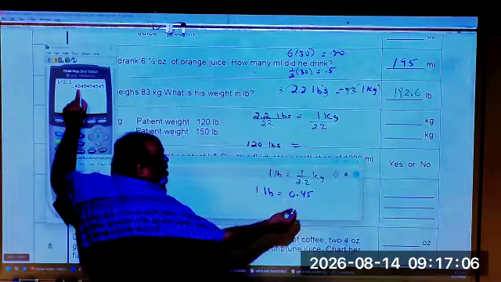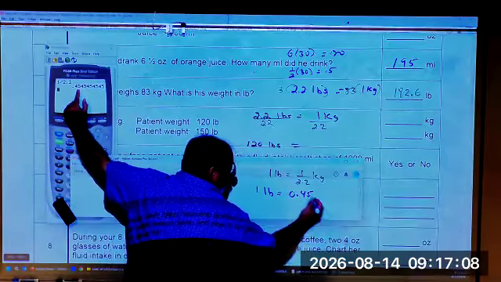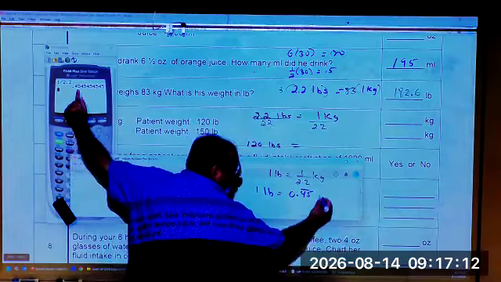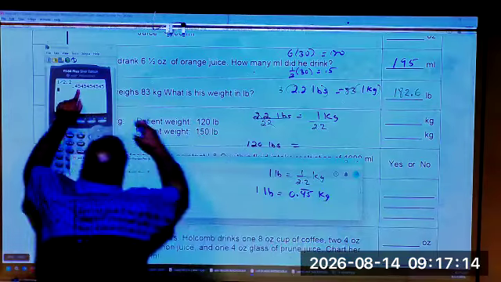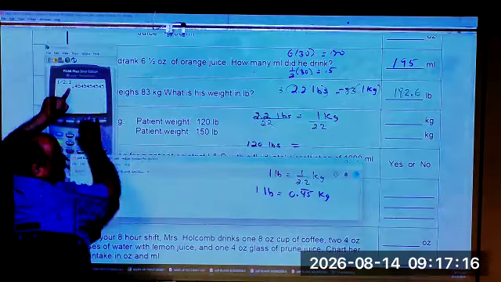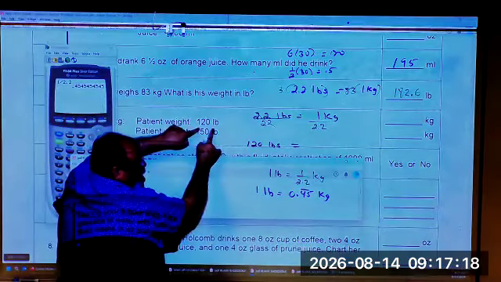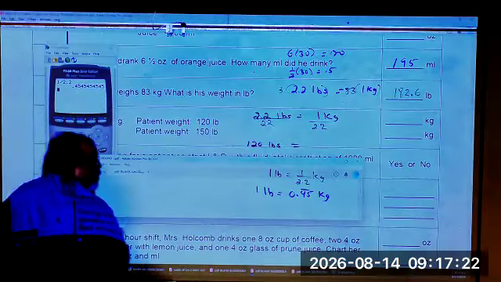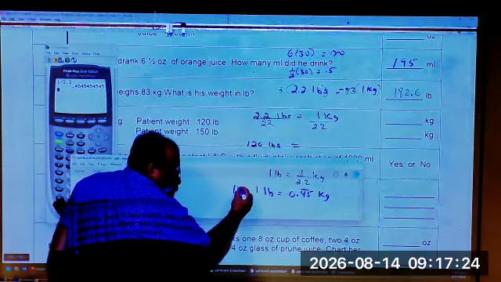I get a little bit of OCD, so I might actually write everything out. You can put a bar over it, if that's how many kilograms it is. I'm just going to use what's in the calculator anyway. I want a 120-pound conversion, so multiply both sides by 120.